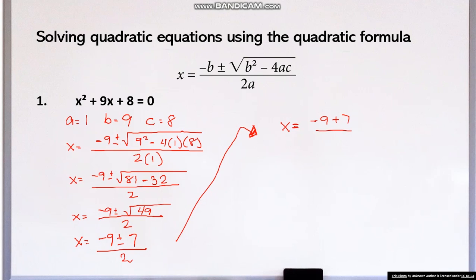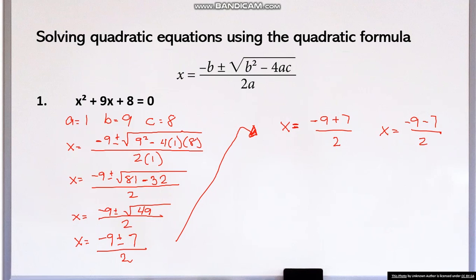I'll start first with positive 7. And then the other one is x equals negative 9 minus 7 all over 2. As you can see, I have now separated plus 7 and negative 7 into two equations, just that I separated the sign, plus and minus.